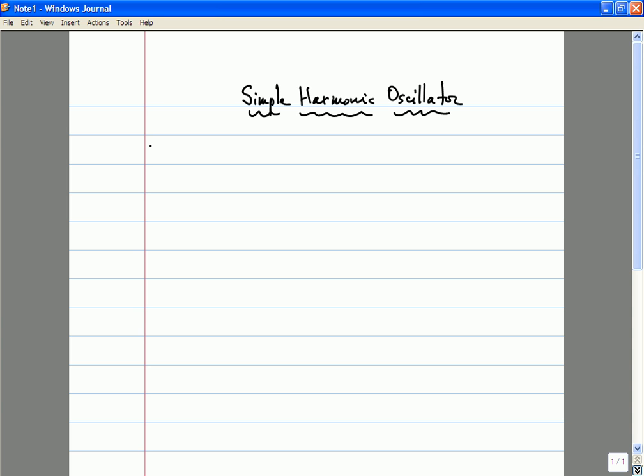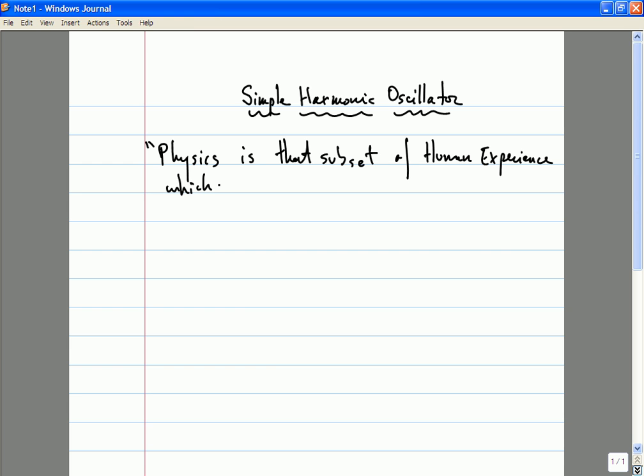Indeed, Michael Peskin, a well-known particle physicist, has said once that physics is that subset of human experience which can be reduced to simple harmonic oscillators.